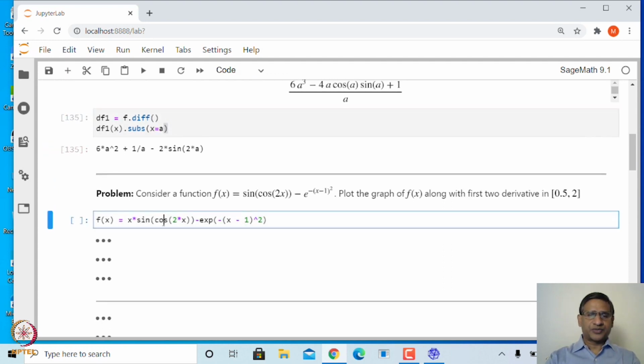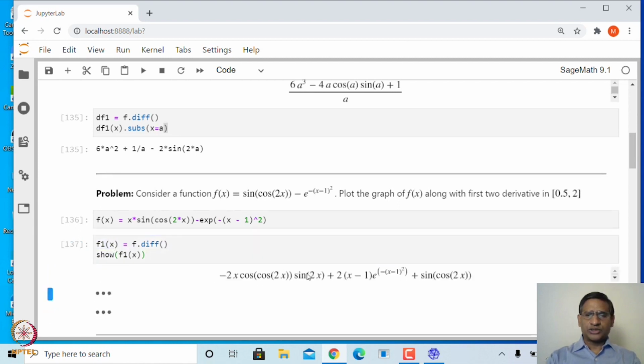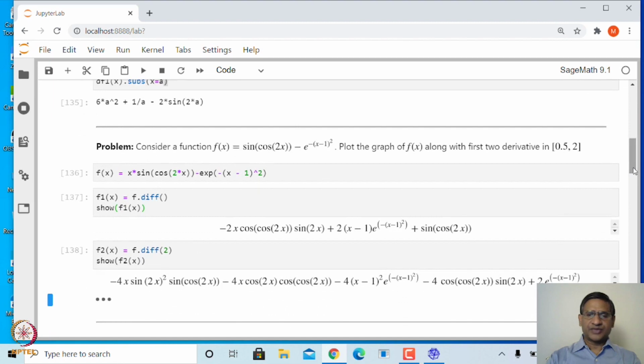So, let us define this function f(x), and let us define f1 as the derivative of f, which is equal to this, and let us define f2 as the second derivative of f with respect to x. It looks very complicated, but it is able to find it quite easily.